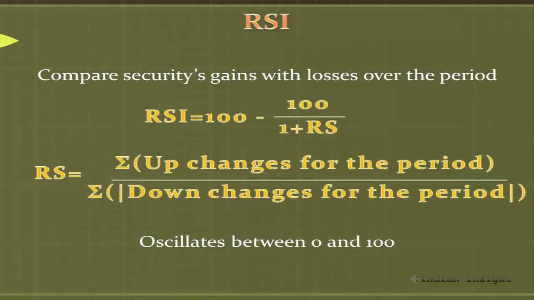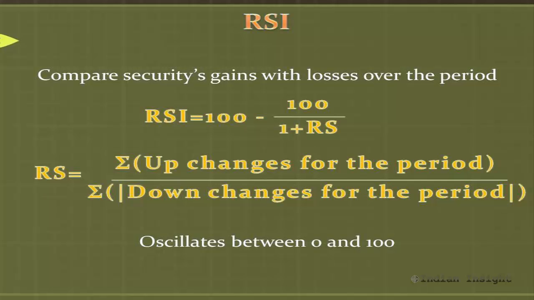In order to compute RSI, you need to compute something known as RS. RS is calculated by this formula shown here. RS is calculated by dividing the sum of up changes in the period by the sum of down changes in the period.